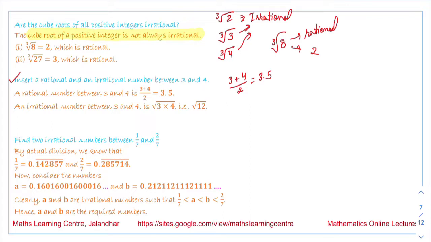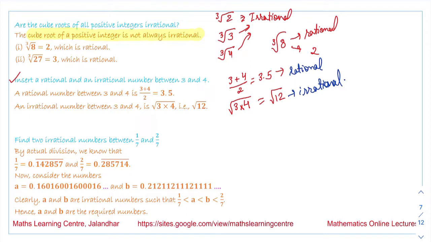To insert the irrational number, the formula is square root of a into b, 3 into 4. So the answer you will get is square root of 12. So 3.5 is a rational number between 3 and 4, and square root of 12 is an irrational number between 3 and 4.